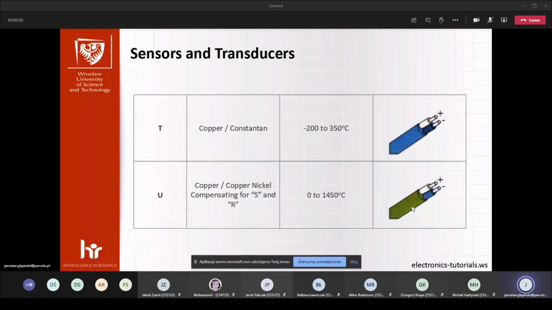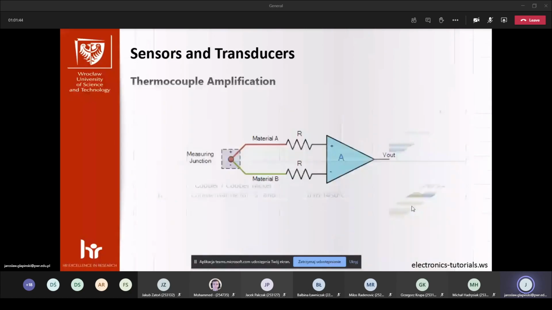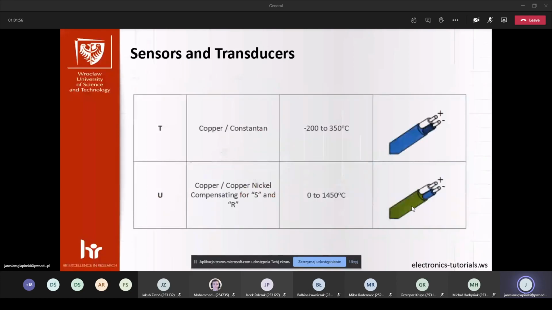Okay, and any other solution, copper constantan, copper nickel. So we can connect any type of metals, but they should be able to generate the voltage.